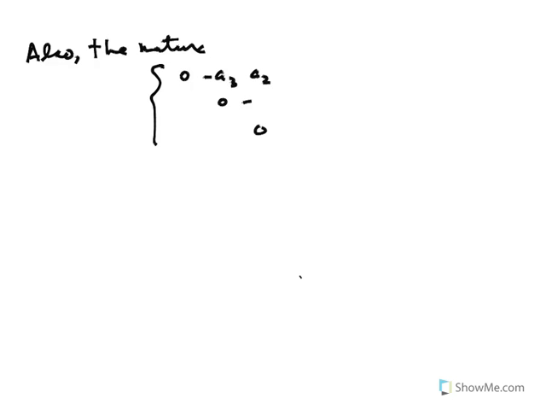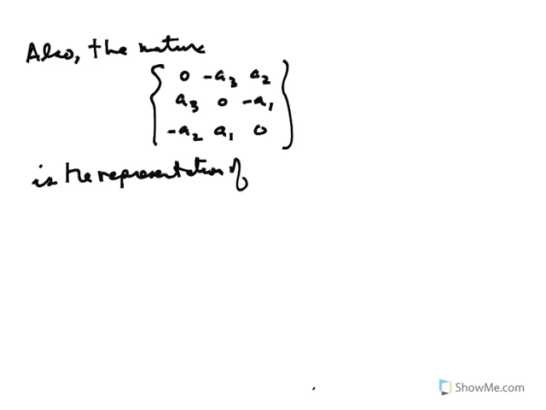And also we know that the matrix defined by 0, minus A3, A2, A3, 0, minus A1, minus A2, A1, 0 is the representation of a tensor in the basis E.